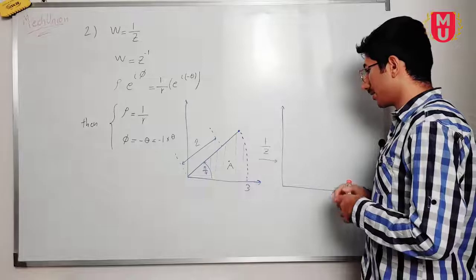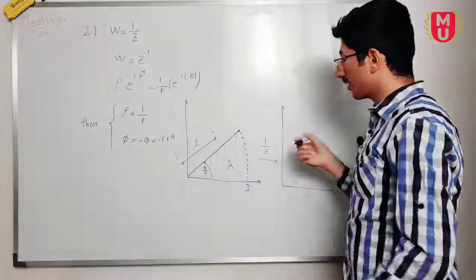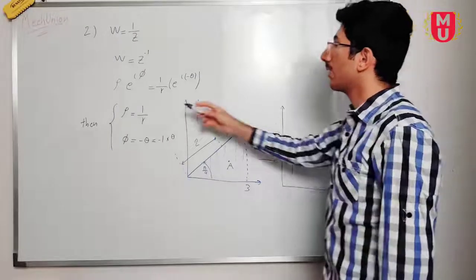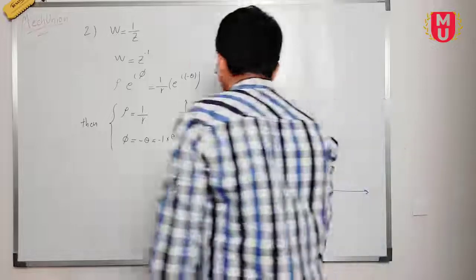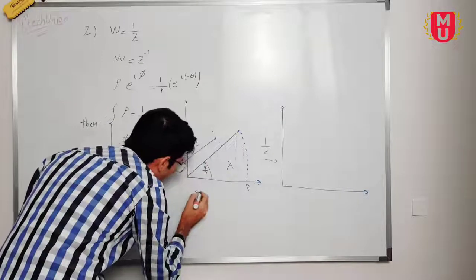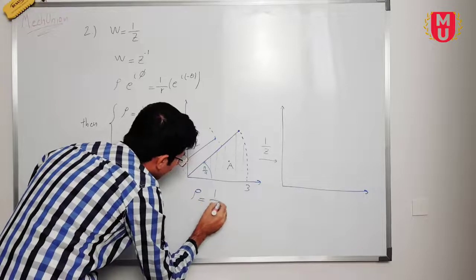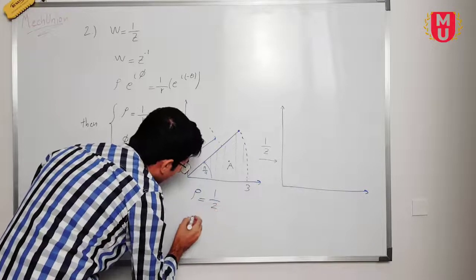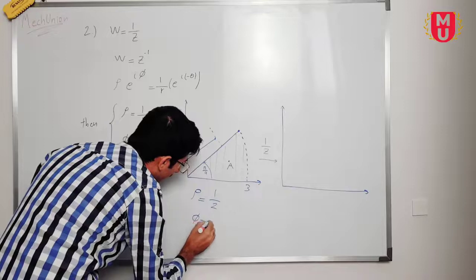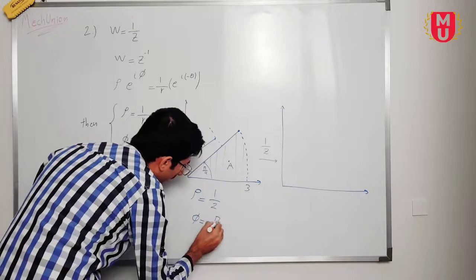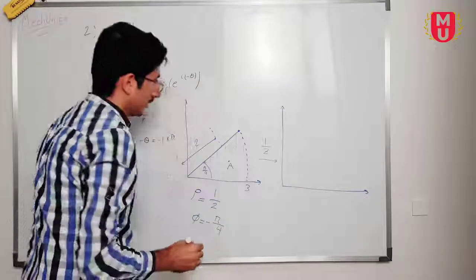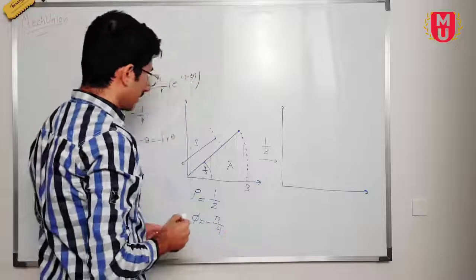It's a question for us. If we use our conclusion, we simply write rho equals 1 over 2 and phi equals minus pi over 4, and this is how it goes.